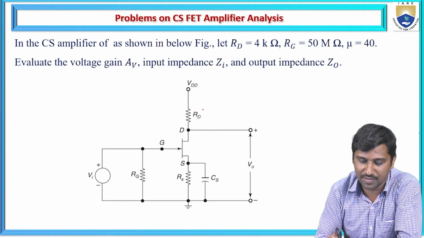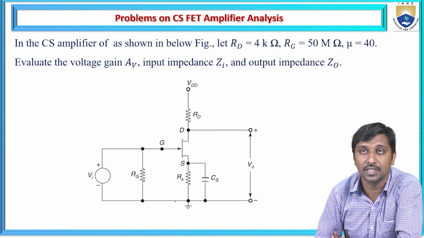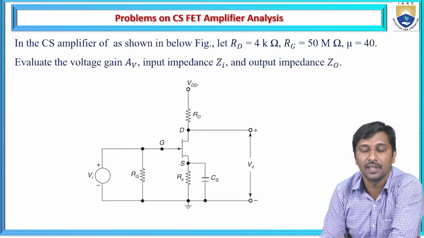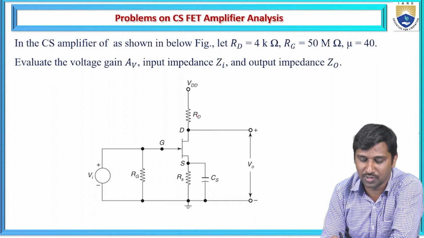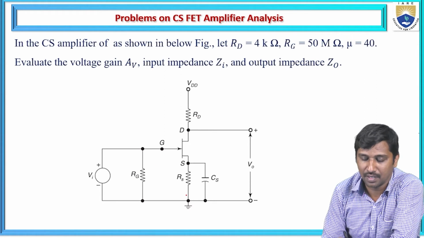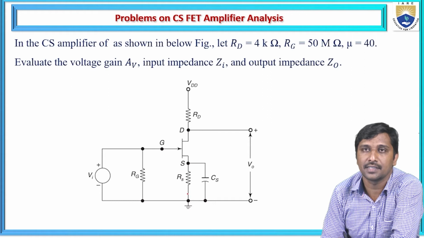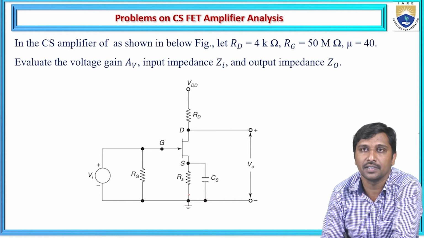Based on the given diagram, the source is the common terminal. If you observe this circuit diagram, the source is common for the input side as well as the output side, and the given circuit acts as a common source JFET amplifier.